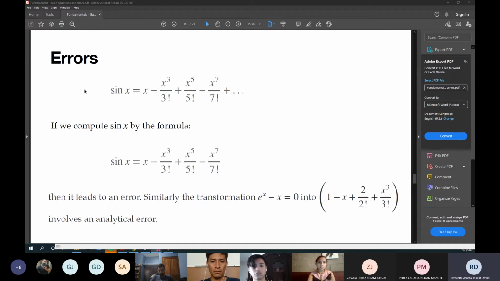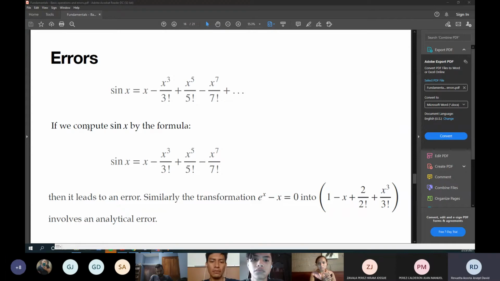For example, I'm saying that the sine of x is equal to this series. So this is going to be an infinite series. This one is x minus x cubed divided by 3 factorial, plus x to the fifth divided by 5 factorial, minus x to the seventh divided by 7 factorial, plus x to the ninth divided by 9 factorial, and then we go on infinitely in the series, right?